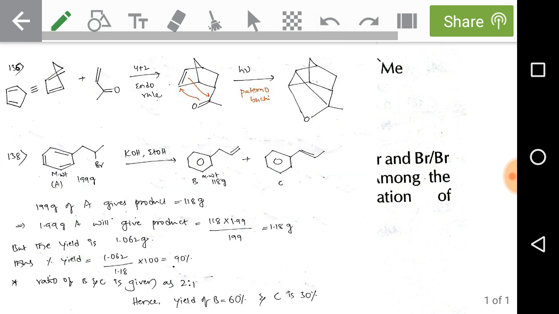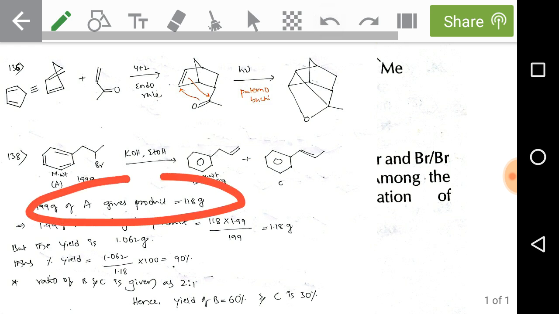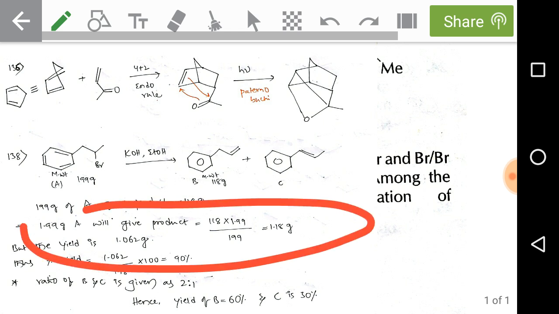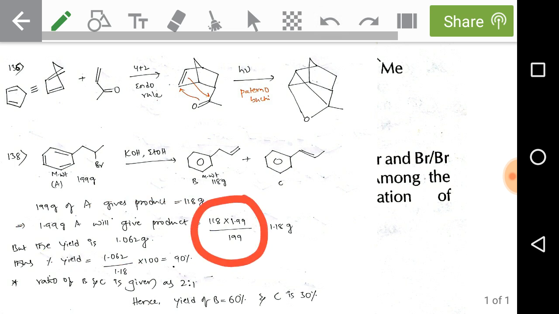Now just look at 138. So here the molecular weight of A is 199 and the molecular weight of B is 118. Now 199 molecular weight of A is producing 118 grams of B. Okay, now in the problem we have given that 1.99 grams of A will give the product as 118 into 1.99 by 199.